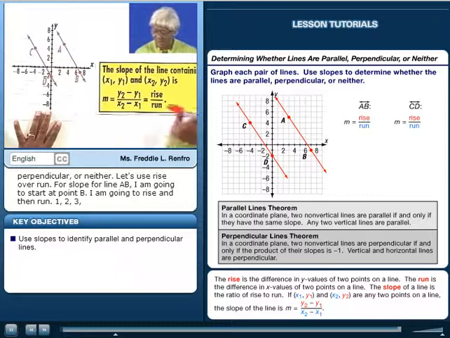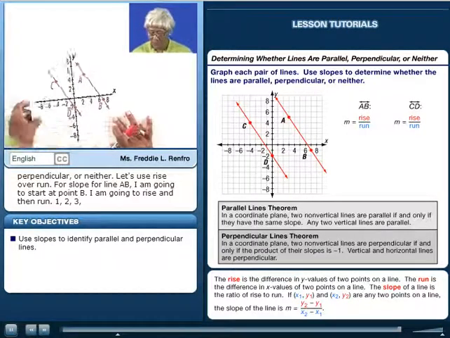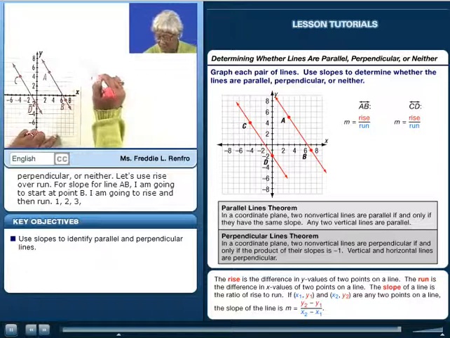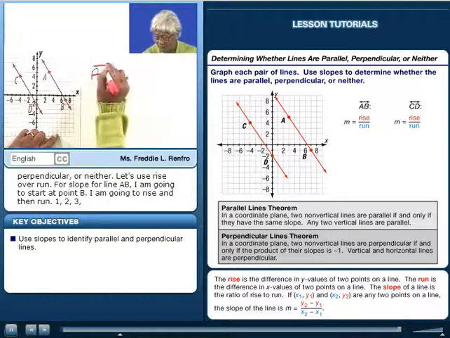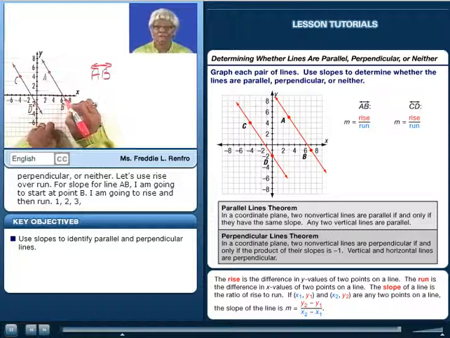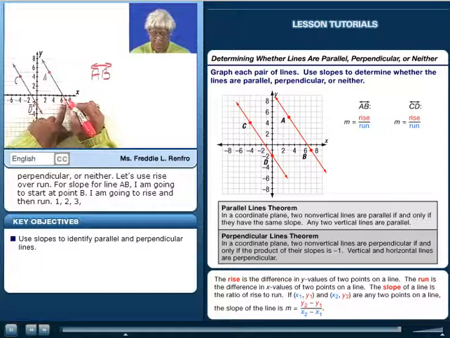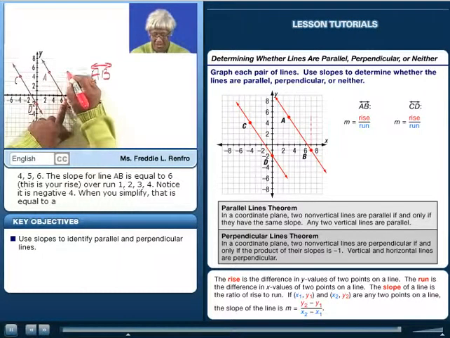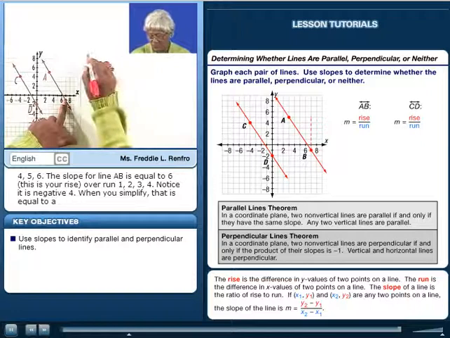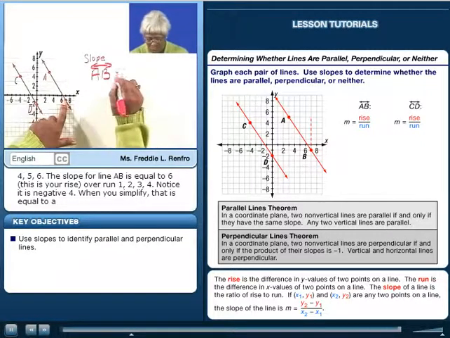For line AB, I'm going to start at point B. I'm going to rise and then run. So the slope for line AB: 1, 2, 3, 4, 5, 6.